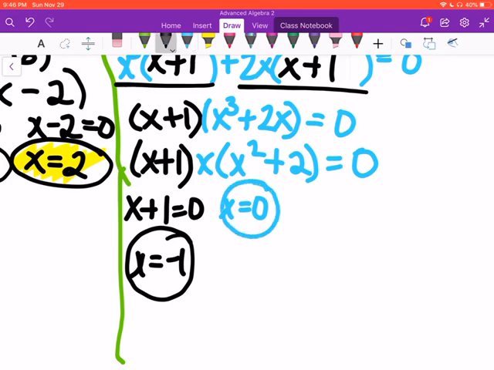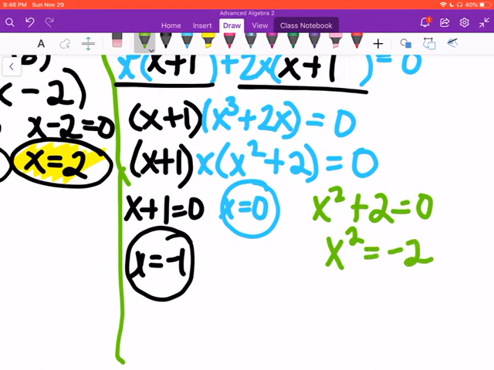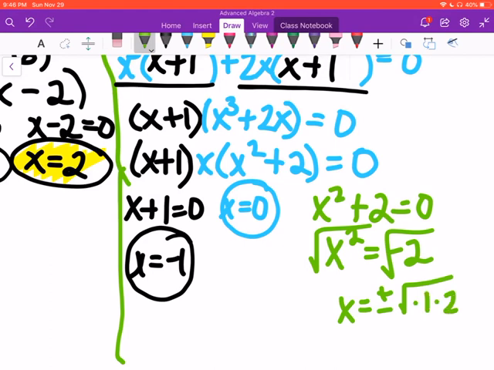If I set the x squared plus 2 equal to 0, I'll have x squared equals -2. Take the square root of both sides. x is plus or minus the square root of -1 times 2. Square root of -1 is i. So x is going to be plus or minus i square root of 2.